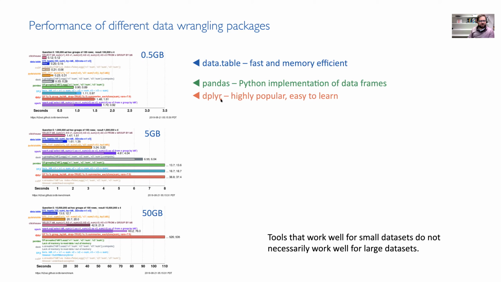It's extremely popular and a very easy to learn way of managing these tables. Another one, pandas, is basically the Python version of such a data frame. And then we have data table on the top, the blue one. This is a very fast C implementation of these operations on these data frames. It's very fast and memory efficient. And then you have some things that are more used in companies, also in this list.